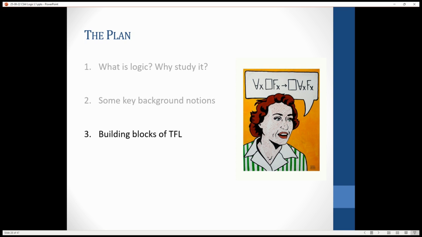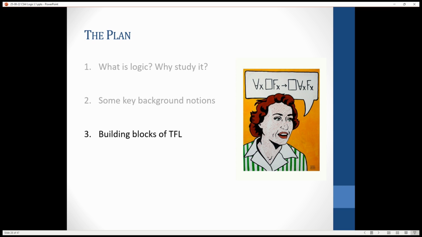Then we talked a little bit about some other background notions. So I told you, we're not going to talk about all these other kinds of arguments, just deductive ones. Don't really care about non-assertoric sentences, just the assertoric ones. And then we actually got to the interesting things, which were notions of coherence, incoherence, necessary truth, necessary falsehood, and contingency. Again, that's all stuff we're going to characterize more fully once we have the full machinery in front of us.